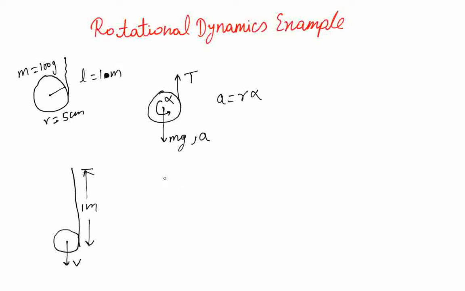Well, let's write Newton's equation, assuming this to be the y-axis direction, whatever you want to label it. If you write Newton's equation, we get T minus mg equals m times minus a.